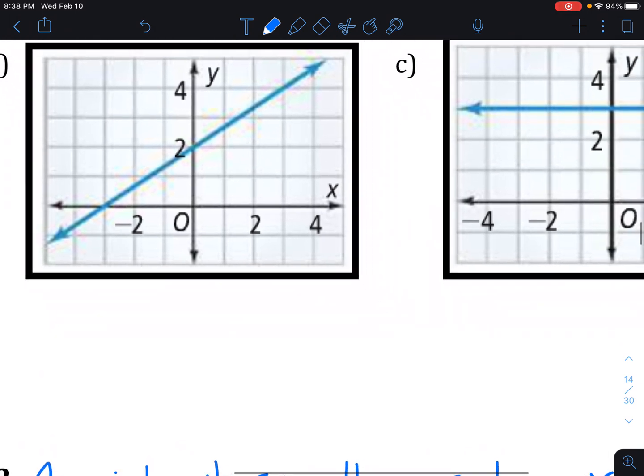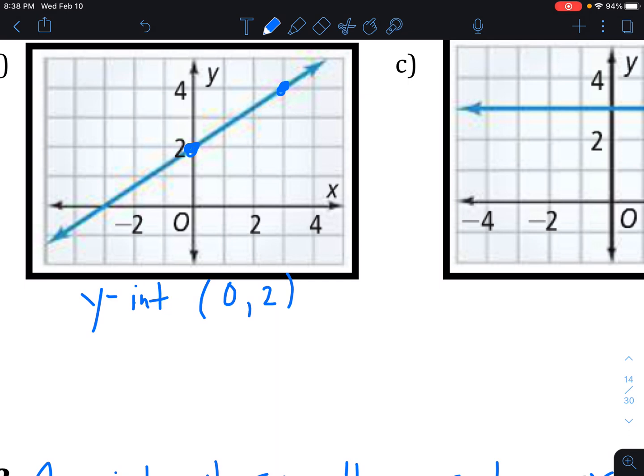Okay, let's do another one. The y-intercept here is the point right here. So that would be 0, 2. That'll be my b in my equation. The slope, we want to put another point on where the line crosses precisely at corners, like right there.